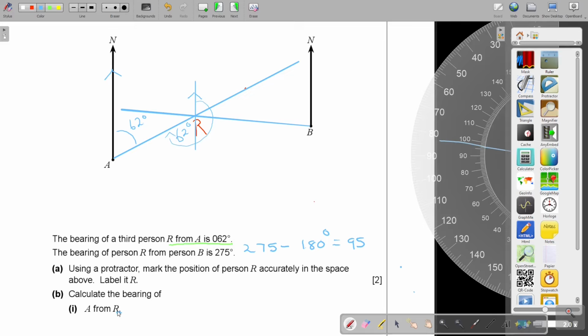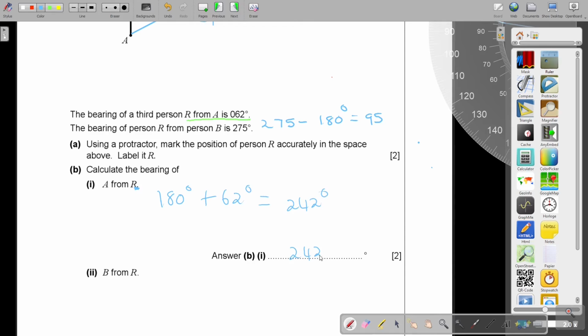So at R, this one is just going to be 180 plus 62. And that's going to be 242 degrees. That's my final answer.